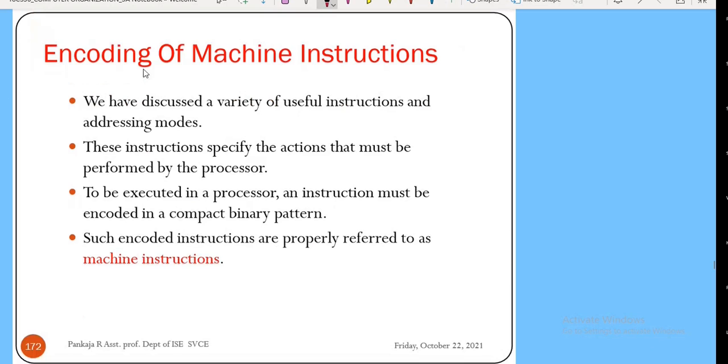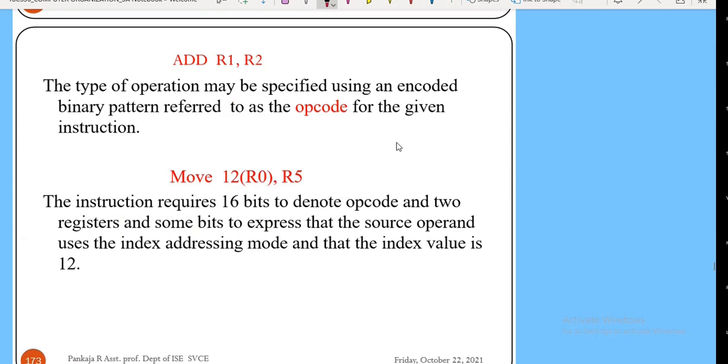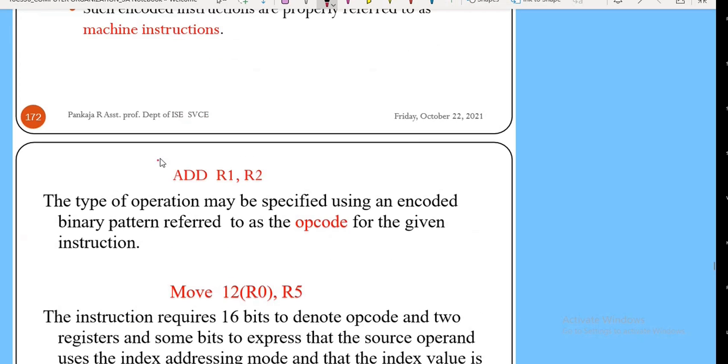Next we have encoding of machine instruction. We have already discussed how an instruction is represented. I'll take just 5 minutes to explain this encoding of machine instruction. This is about how instructions are stored and processed.